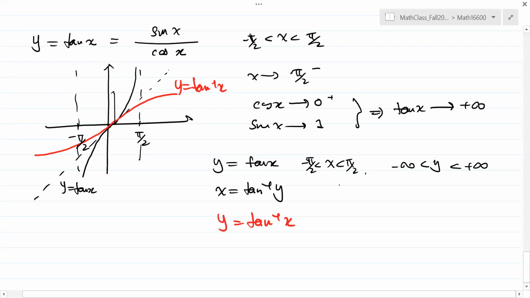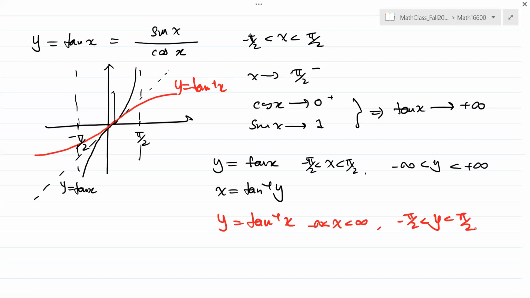And here it's the same. You don't need to worry about it. Then for the inverse function, the domain will be the range of the original function. The range will be the domain of the original function. So yeah, now it's clear. Okay, so we get the inverse.